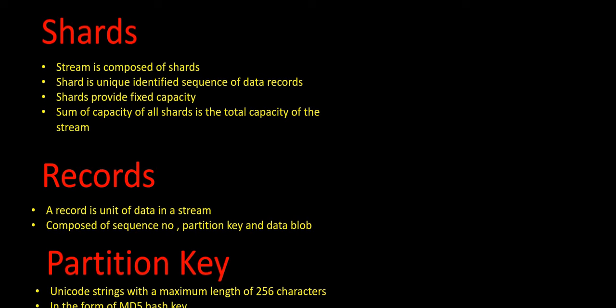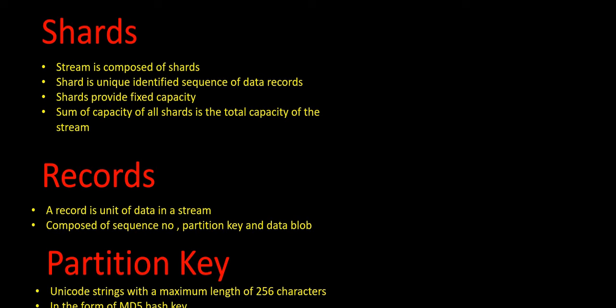So basically in a Kinesis data stream, data records belonging to a stream are segregated into multiple shards, and each uses a partition key. Without a partition key, there is no data. It cannot be streamed. So these terminologies you have to understand.